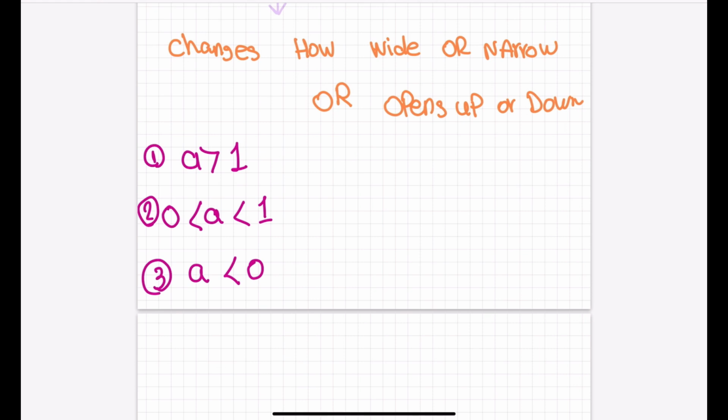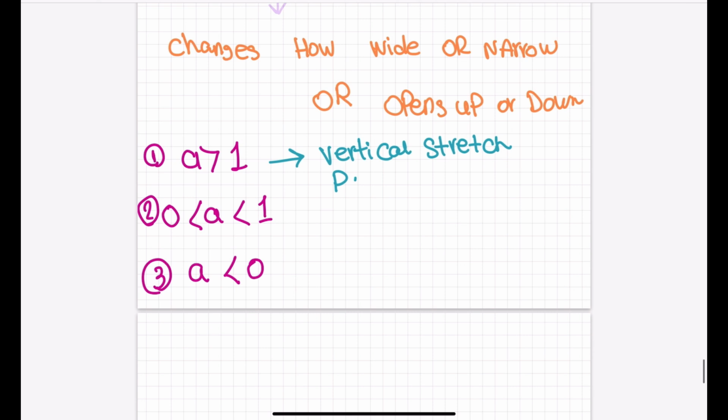So if a is greater than 1, it's a vertical stretch. It means your parabola gets narrower, gets smaller.